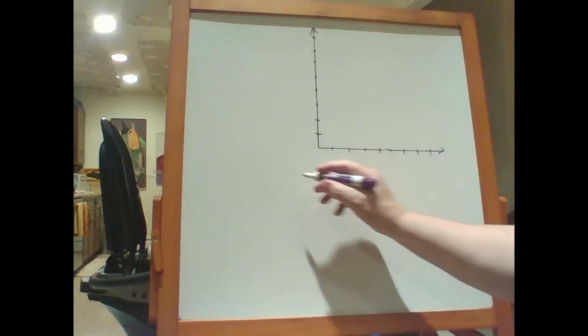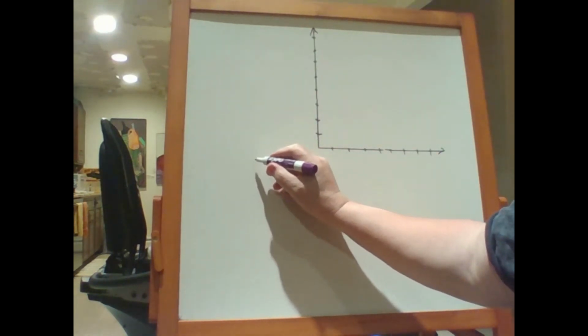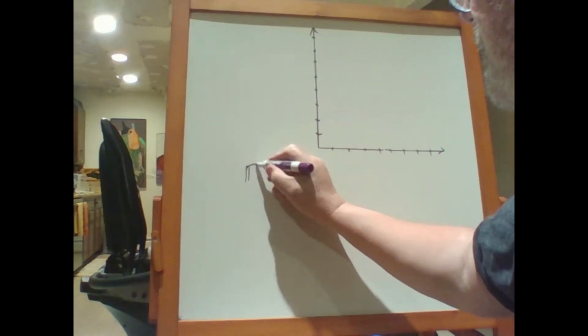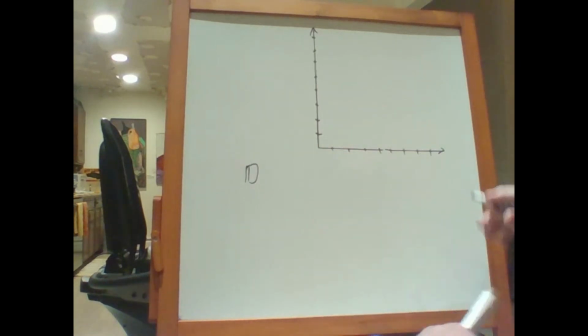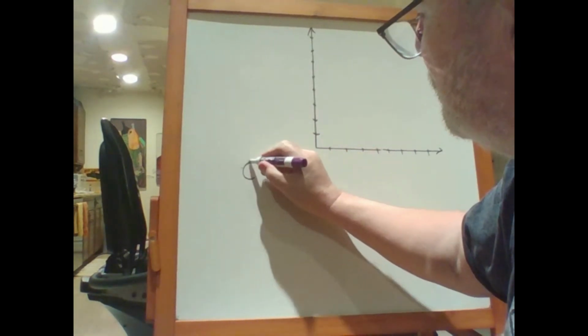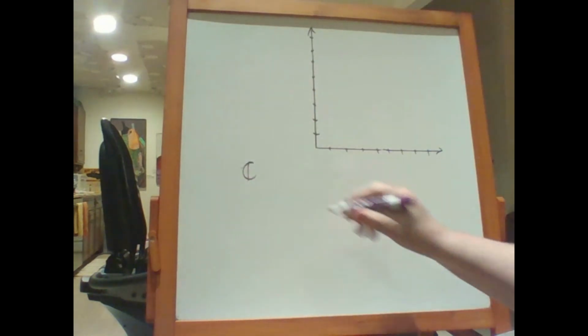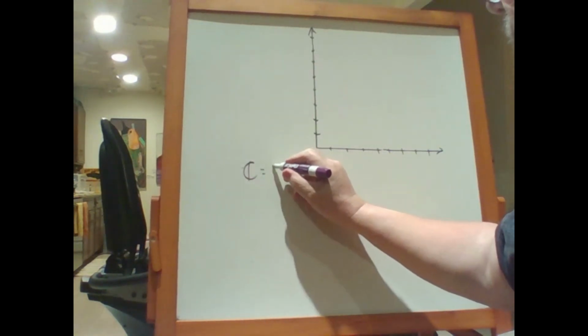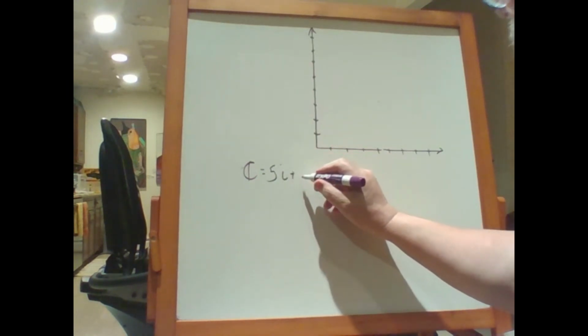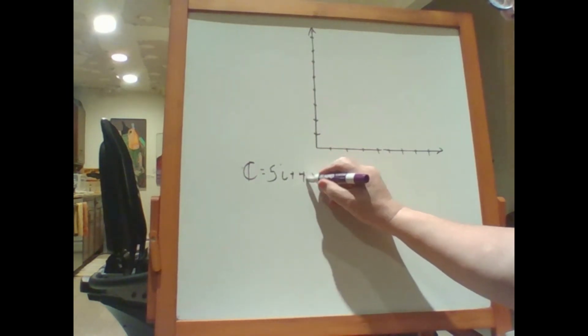Okay, let's say we're given a vector D. That's a lousy D. Let's do C. I do C's better. C equals 5i plus 4j.